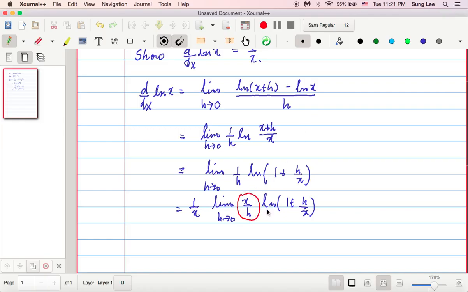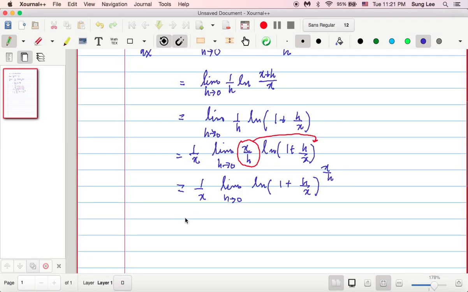We can move this number in front of log as the exponent of this (1 plus h over x). So that's going to be ln of (1 plus h over x) to the power x over h.